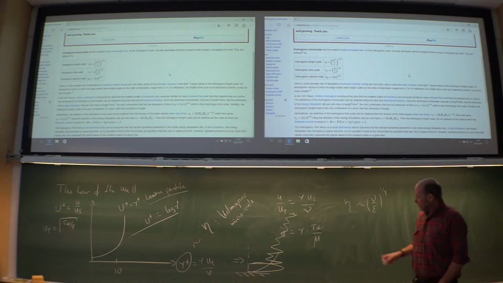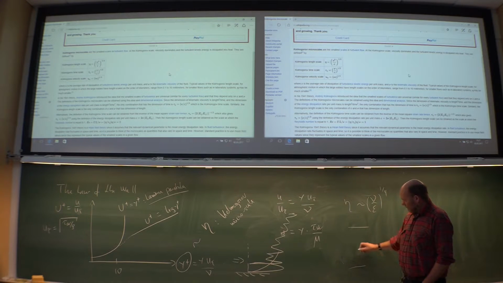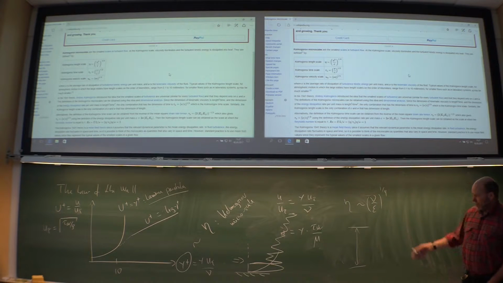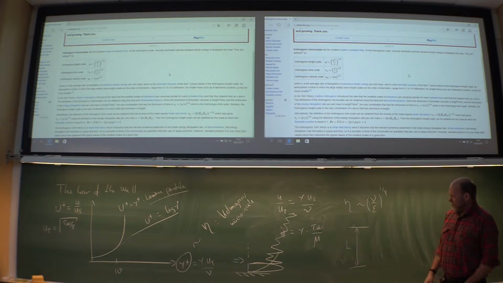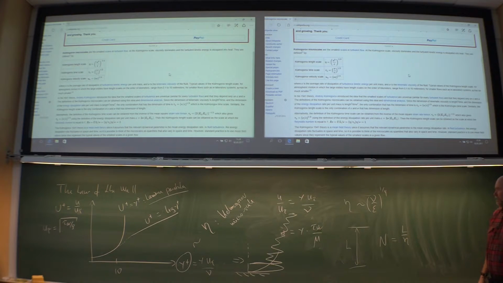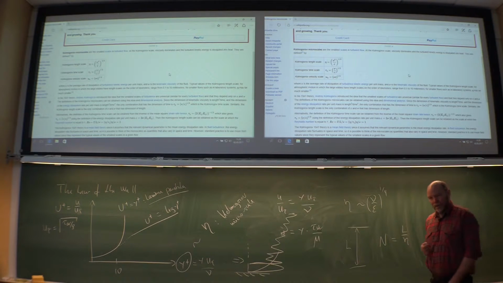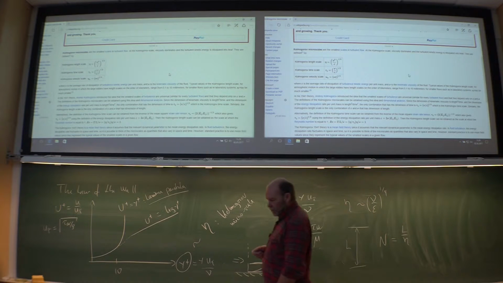That means if you have a length scale in a domain between, say, a pipe or two plates, whatever, you have to resolve it. How many cells do you need? Well, the number of cells will be something like your length scale divided by this Kolmogorov length scale. And remember, by nature, turbulence is three-dimensional.